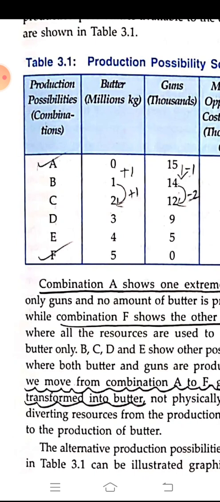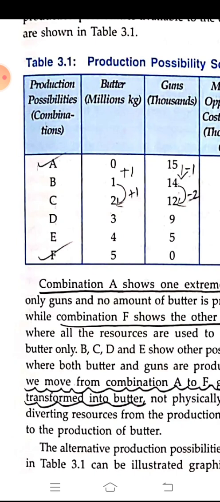Combination B is saying 1 million kg of butter and 14,000 guns. Okay, now let us see here. Combination A was saying 0 million butter and 15,000 guns. You see combination B now saying 1 million butter and 14,000 guns.